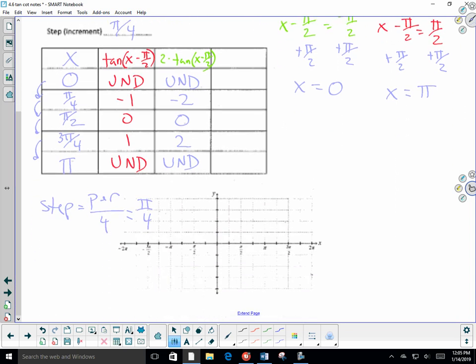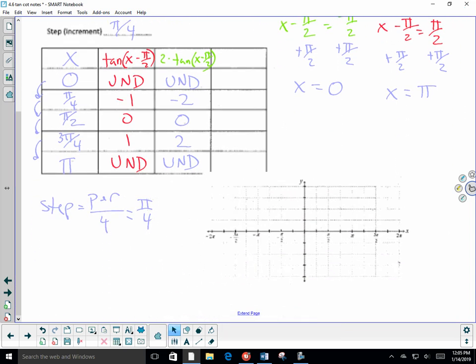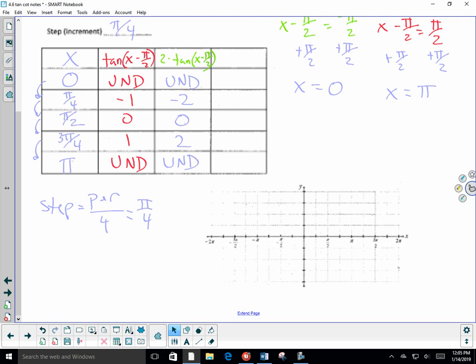All right. So we're ready to graph this function. On your paper, we need to put vertical asymptotes wherever it was undefined. And so that looks to me like we're going to have vertical asymptotes at 0 and at pi. So I'm going to fill in vertical asymptote here and vertical asymptote here. I see at pi over 4, which is going to be right here.